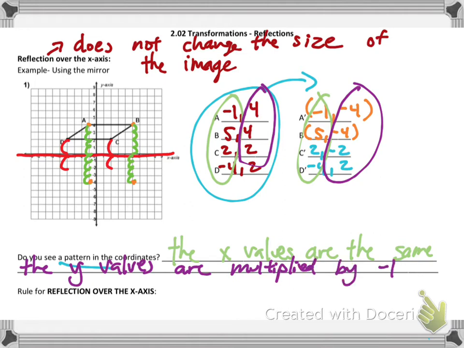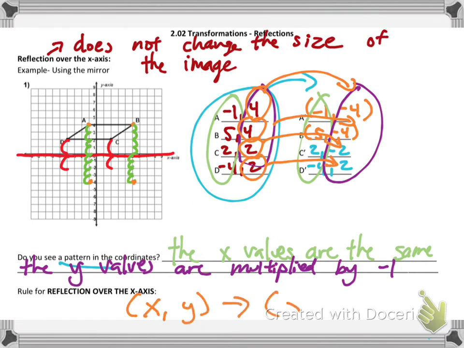For example, I went from 4 to -4, from 4 again to -4, 2 to -2, 2 to -2. So the rule for the reflection across the x-axis is from x comma y, this becomes x comma -y.